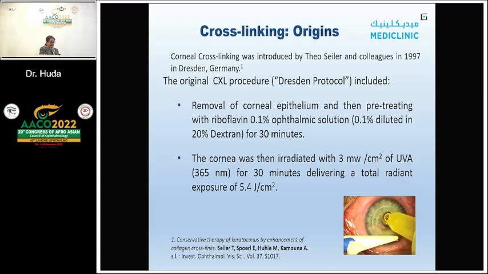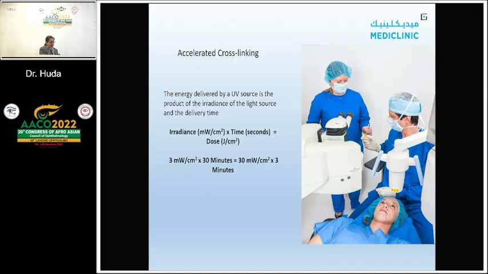It involved removal of the epithelium, then soaking the cornea with riboflavin 0.1%, and then treating the cornea with ultraviolet light for 30 minutes. And the power is 3 milliwatts. That's the difference between the old and the new way of treatment.